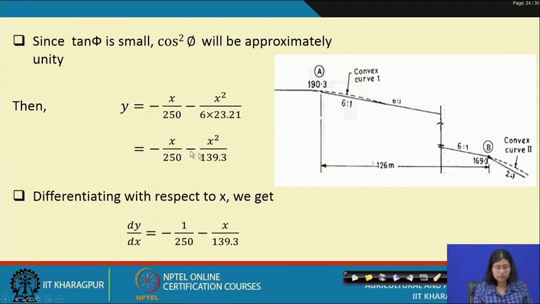So, it boils down to this form of the equation, a quadratic equation. Now, since we are dividing the channel reach into small sections, we differentiate y with respect to x. So, we get dy by dx, and since we differentiate, it is 2x, and then we get this form of equation.